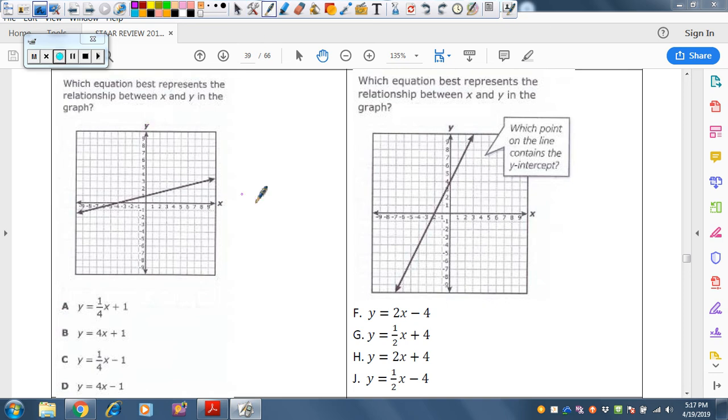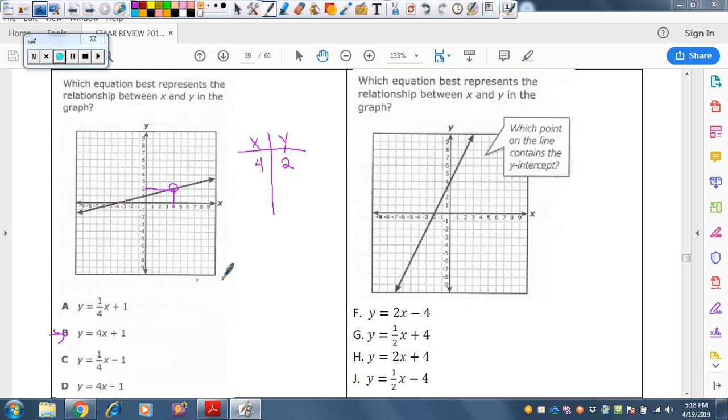All right. Which equation best represents the relationship between x and y? Pick an easy x, y. I have x equals 4 and y equals 2. Now pick an easy equation.